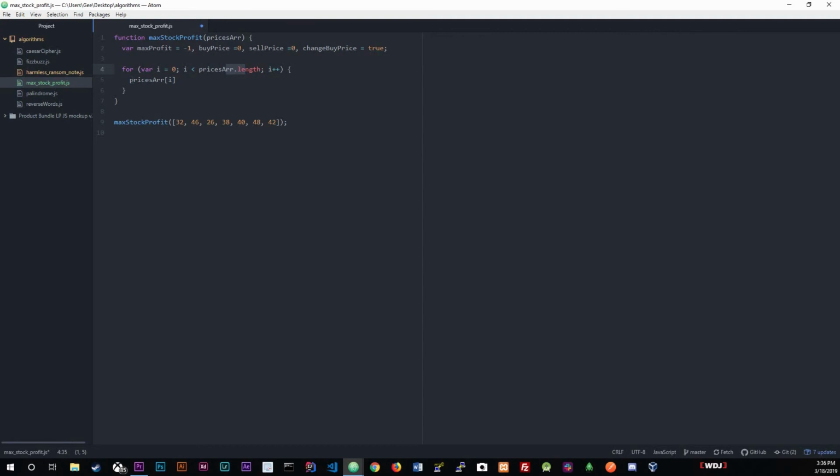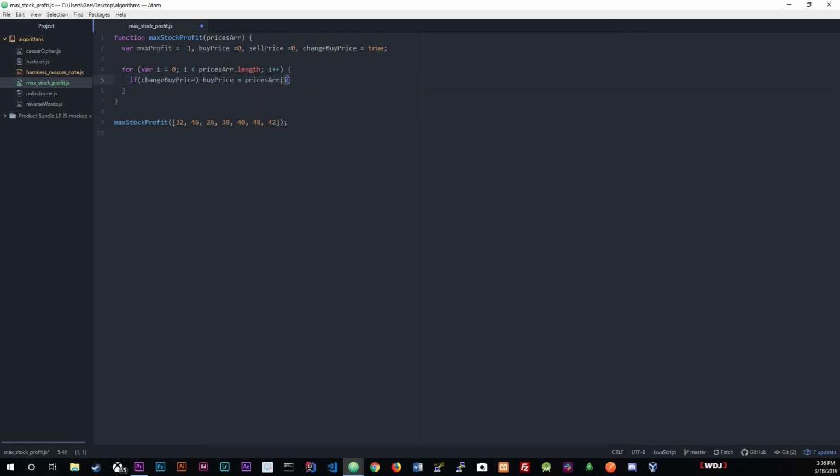In this for loop, we do need to set our buy price and our sell price, correct? And our buy price is dependent upon this change buy price. So if change buy price is true, then I want my buy price to equal the price array at the current index.